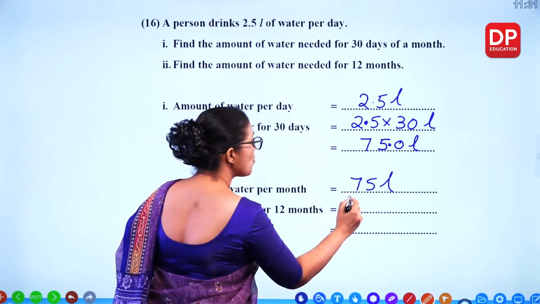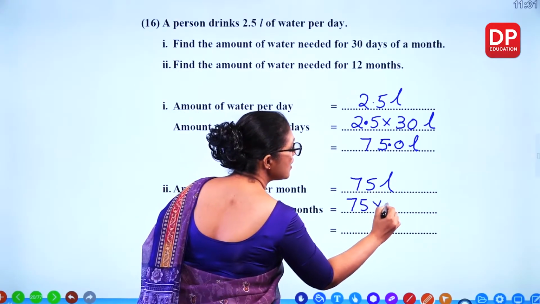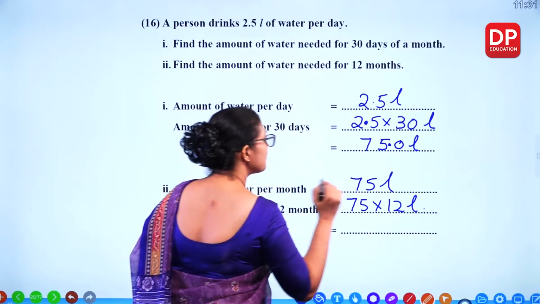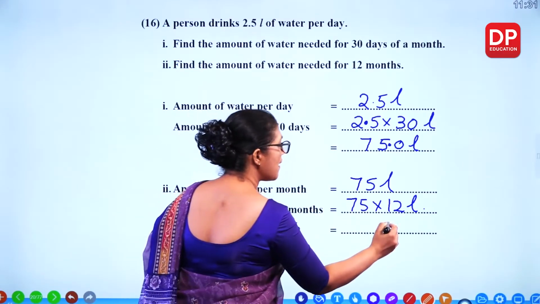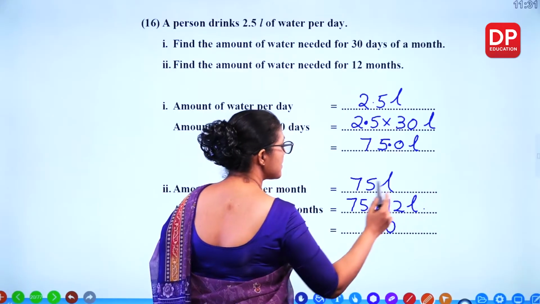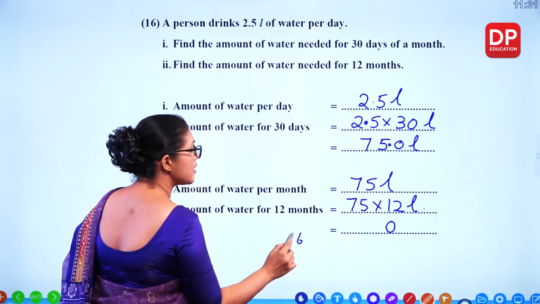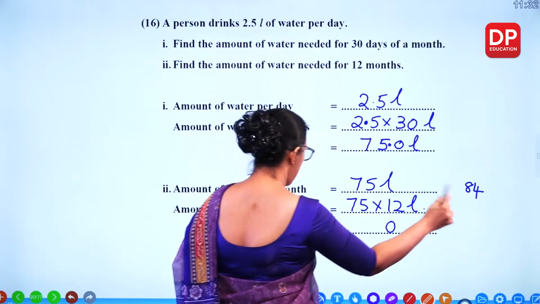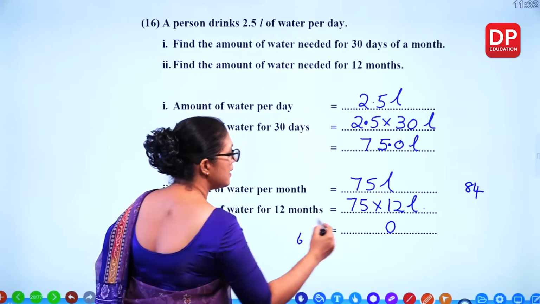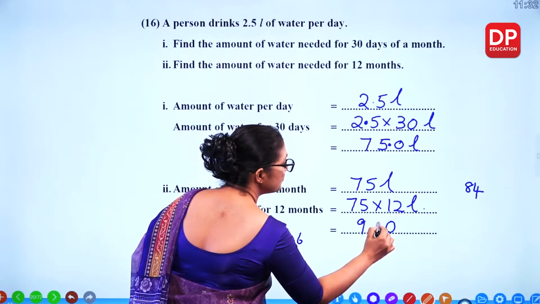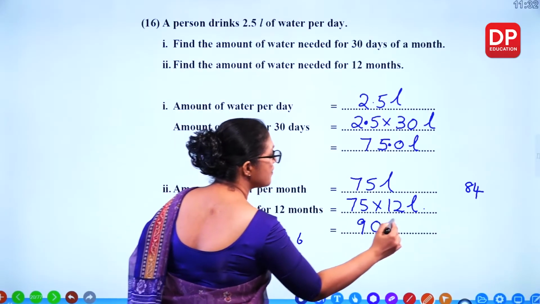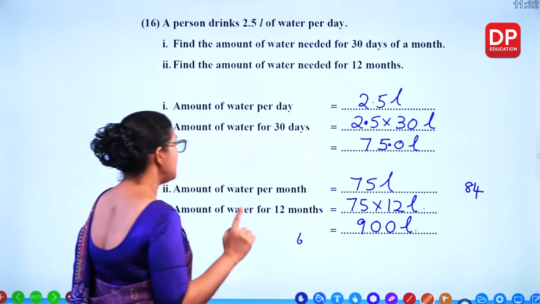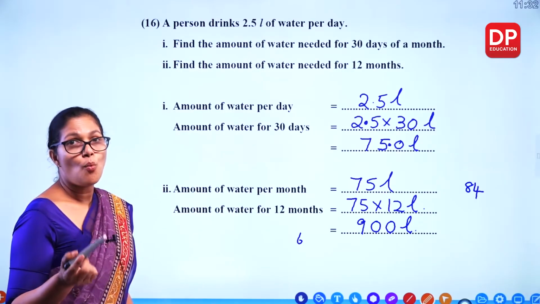Now what about 12 months? Multiplied by 12. So 12 times 5, 60. 6 remaining. 12 times 7, 84. 84 plus 6, 90. So 900 liters needed for 12 months means 1 year.